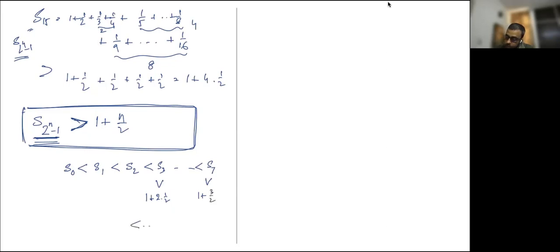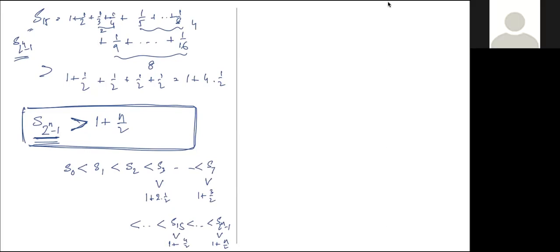And then as you go further, S15 is bigger than 1 plus 4 by 2, and so on. This is bigger than 1 plus n by 2. What will this tell you about the sequence Sn? Not bounded above. Yes, it is not bounded above, which means that this series diverges, right?